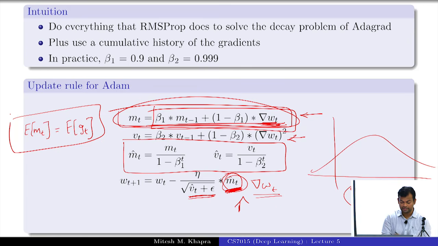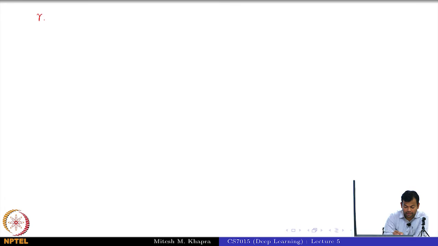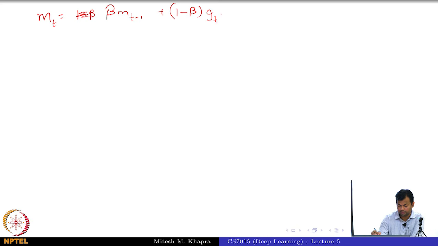Okay. Now let's see what MT actually is if I want to write it as a formula. So I have MT equal to 1 minus beta times GT. Remember that GT is grad of WT. So now let's try to write a formula for this. M0 I'll set to 0.